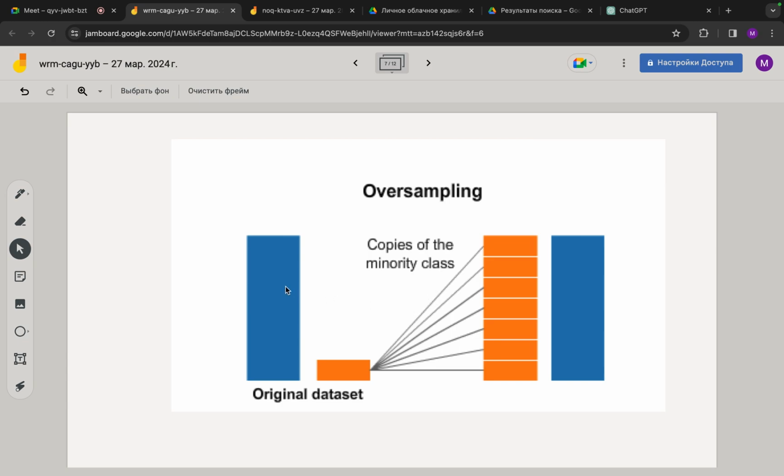Here we again have the blue majority class and the orange minority class. What we are doing here is just making copies of the minority class until we reach our majority class proportion.